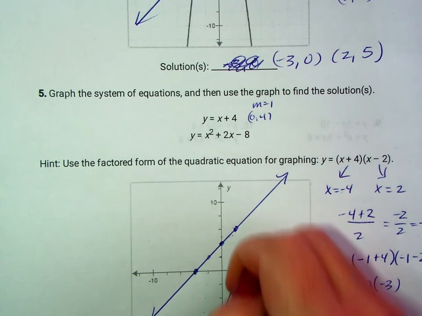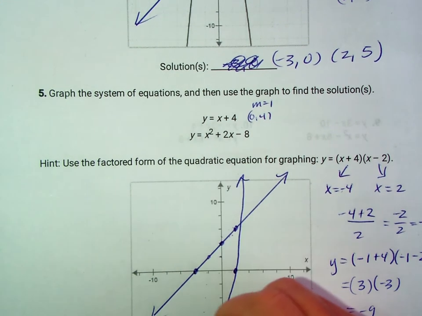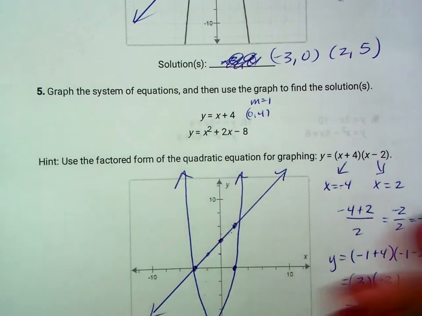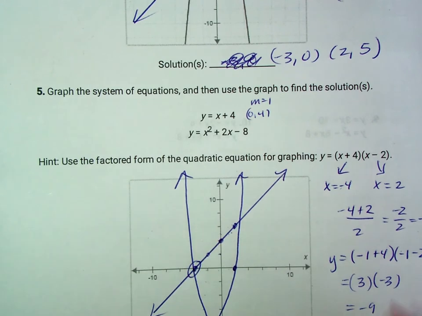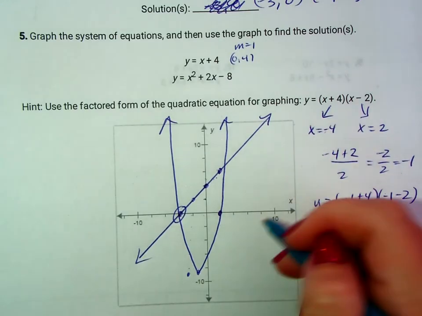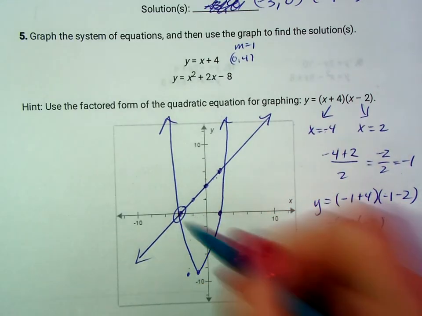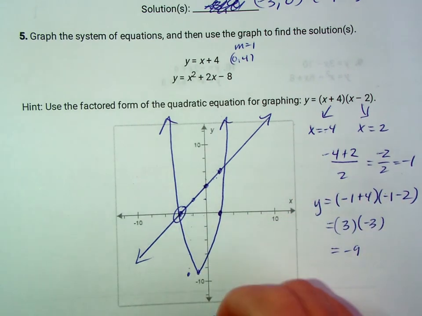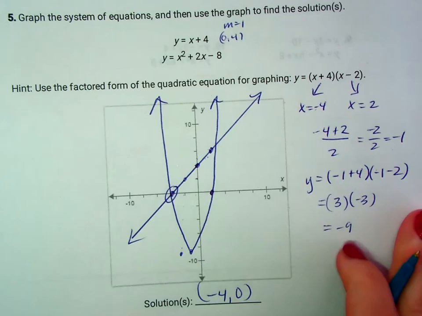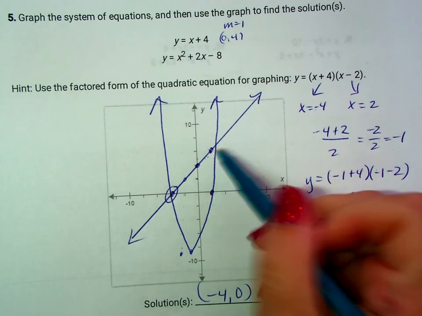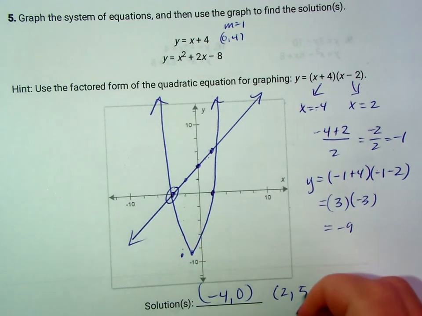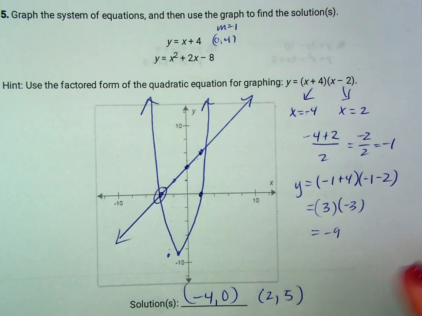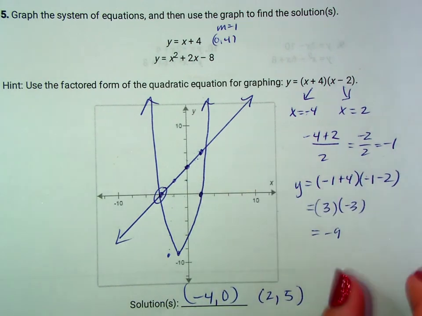So then I'm going to connect that and that. And so it's nice and clear right here. One of my solutions to the system is right at that -4, 0. And my other solution to the system is up here at 2, 5. Okay, again, feel free to use Desmos if your sketching of the graph makes it hard for you to tell where those are touching.